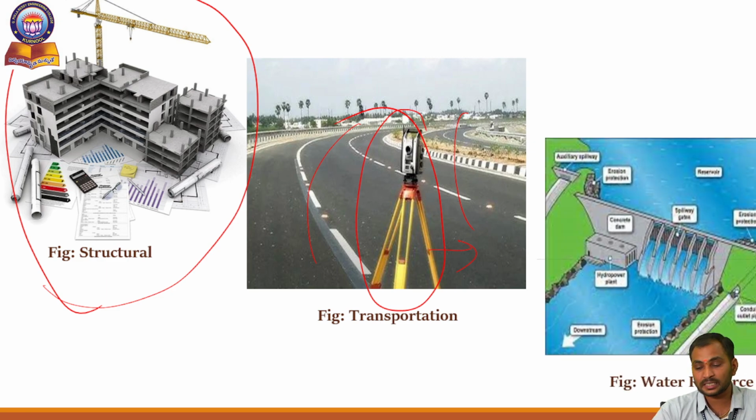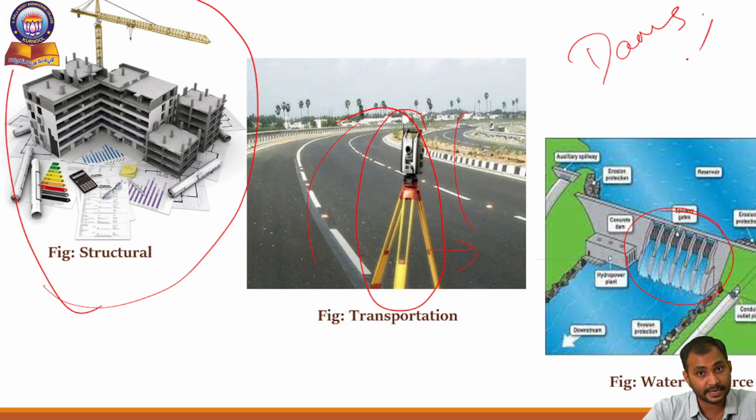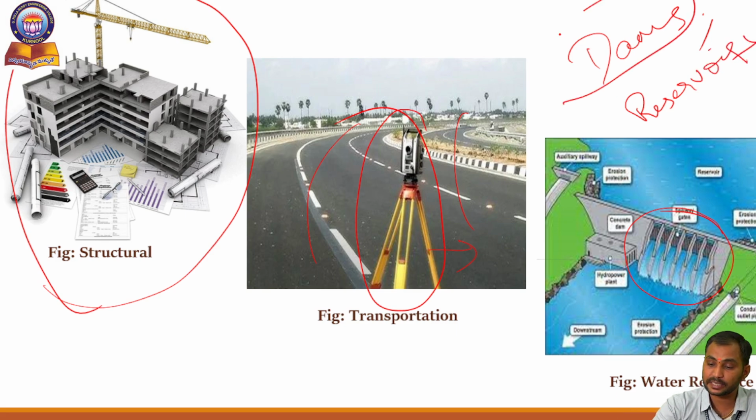And next one is water resource engineering. Here you can observe irrigation structures. Irrigation structures have two types. One we will say dams. Next irrigation structure is reservoirs. From dams, the majority of the water will be stored near the irrigation structure.